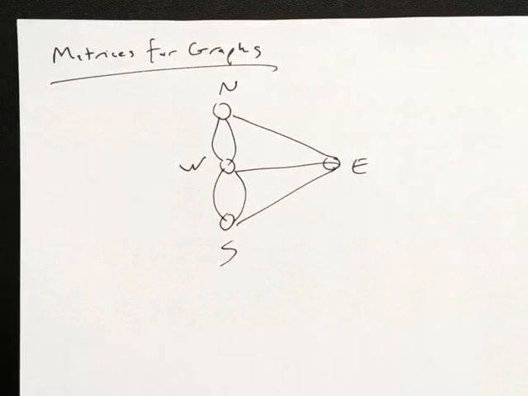Where did we see this one before? That was our Euler idea, whether or not we could travel over the bridges. That's the bridges of Königsberg.